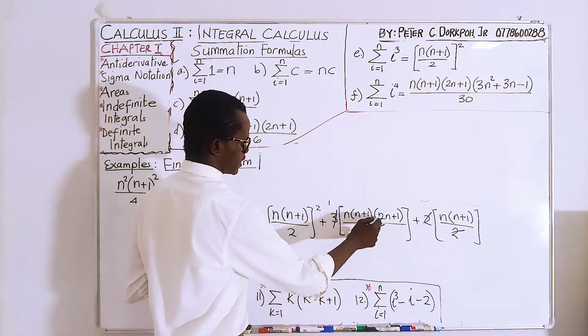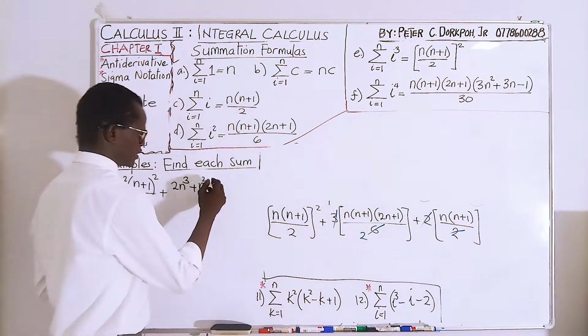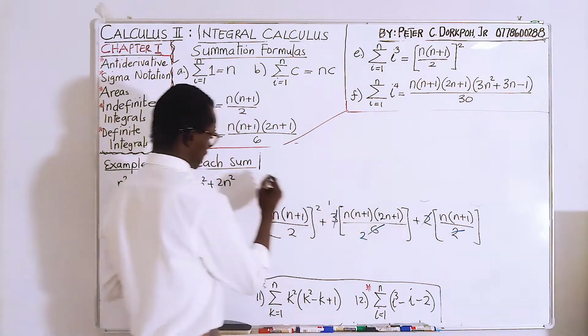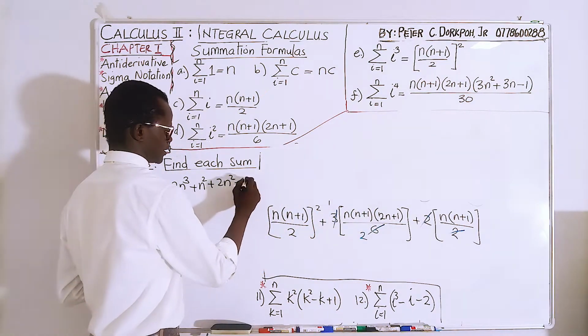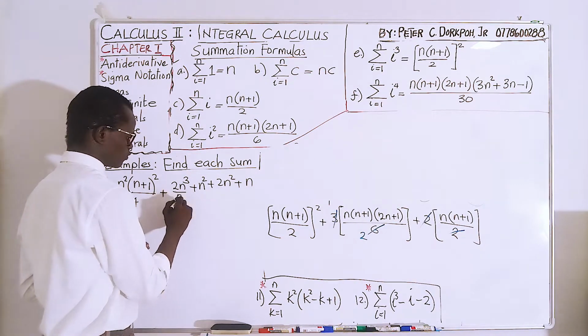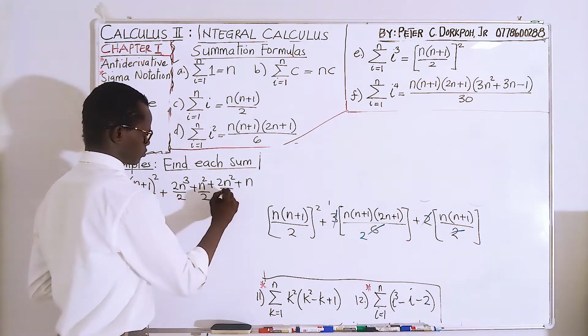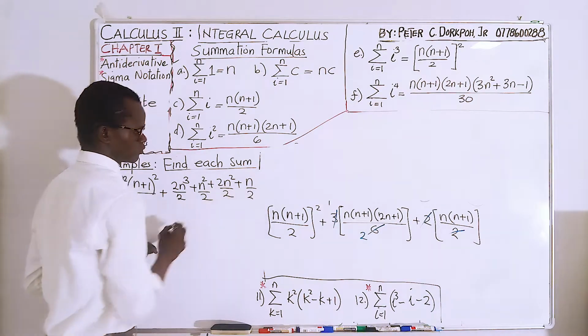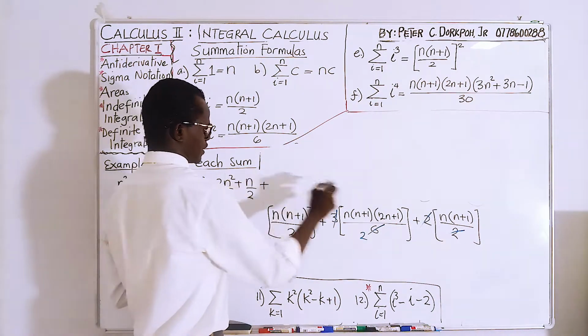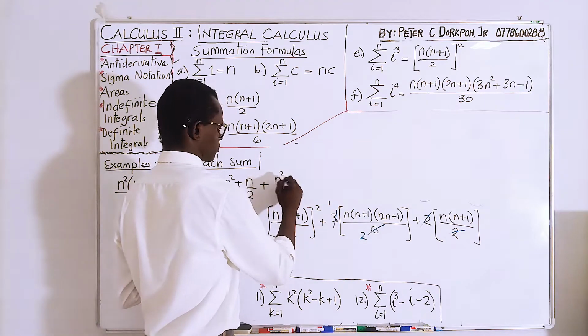And then 1 times 2n times n is 2n squared. 1 times n is n. Each of them must be expressed over 2. Plus the last one there, you have n times n is n squared, plus n times 1 is n.